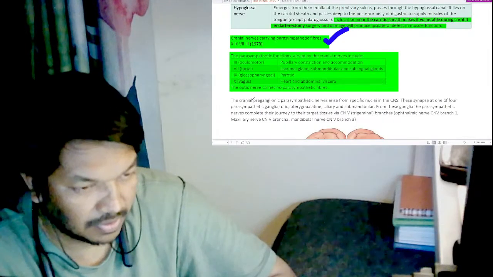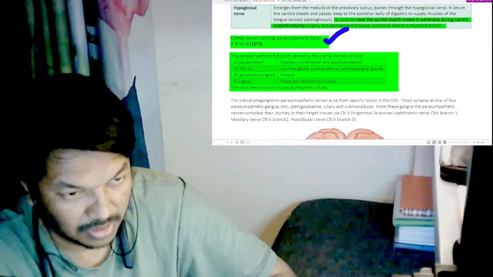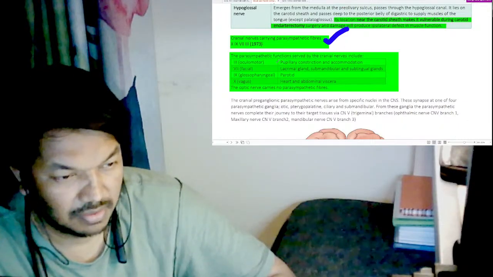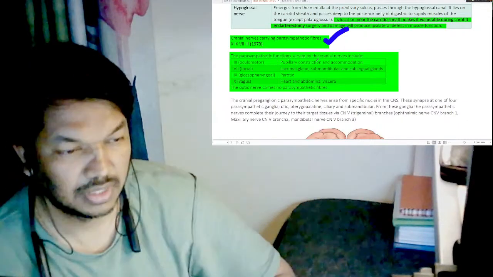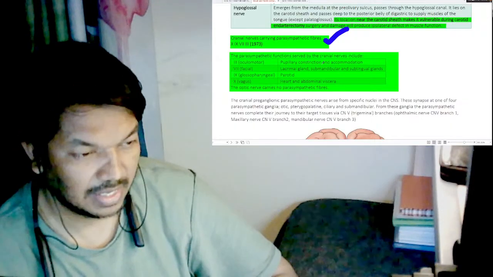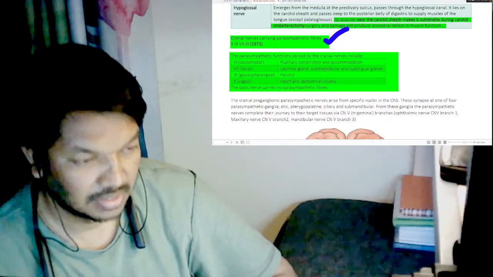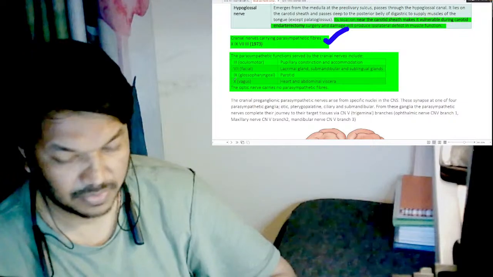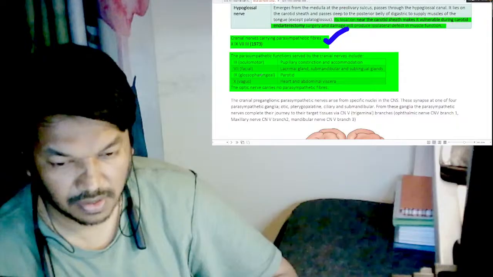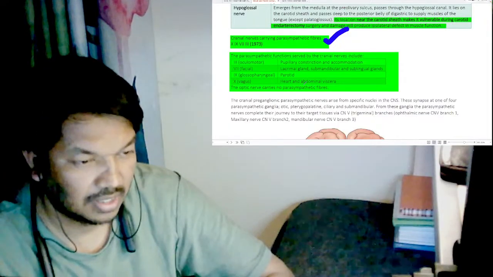The oculomotor causes pupillary constriction and accommodation, acting on the pupillary muscle. The facial nerve acts over the lacrimal gland, submandibular and sublingual glands. Glossopharyngeal acts over the parotid, and vagus over the heart and abdominal viscera.